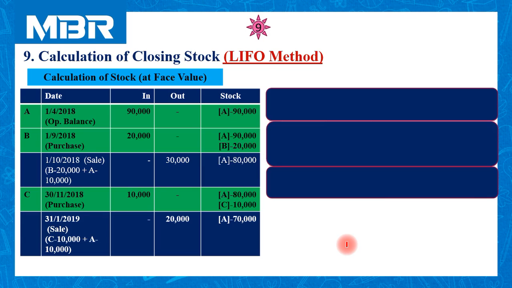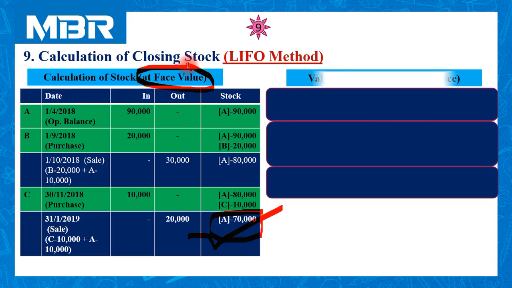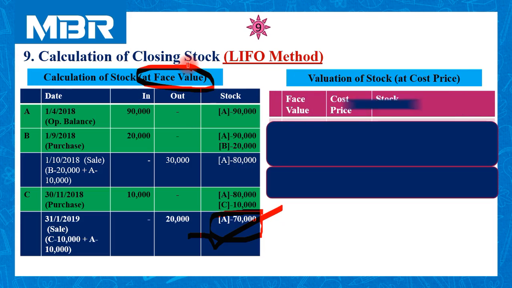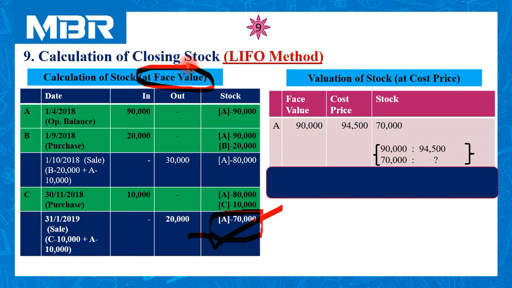Now, after calculation of closing stock of investment at face value, the closing stock is 70,000 and it is from A, right? So it is at face value. Now calculate at cost price. What was the cost price of opening stock? 94,500. That we have completed in our calculation. Face value 90,000.